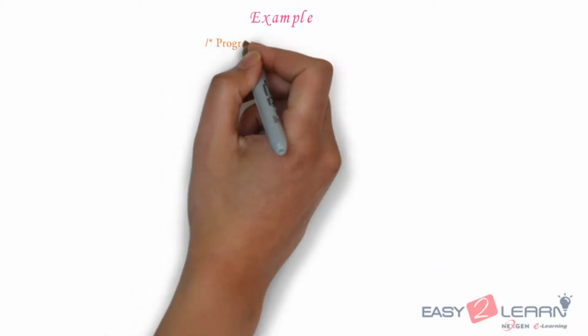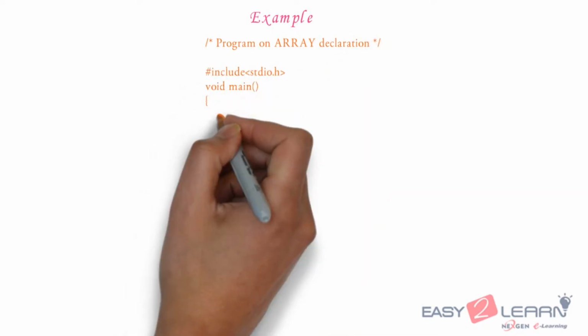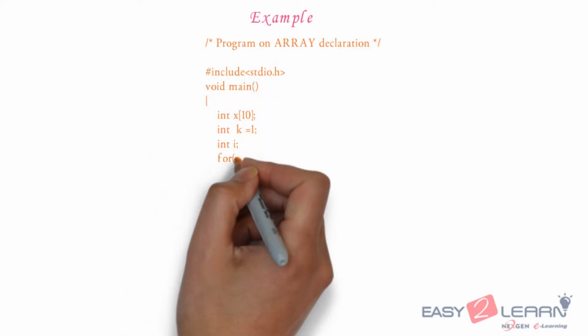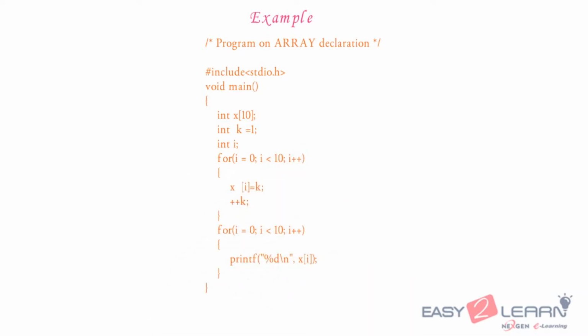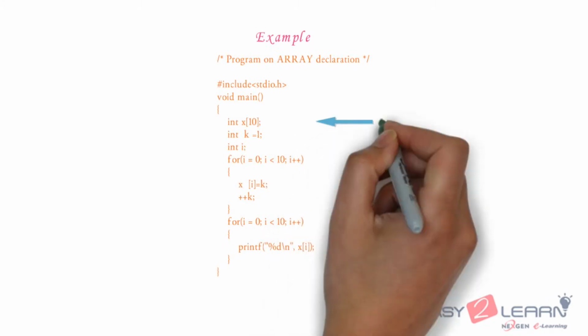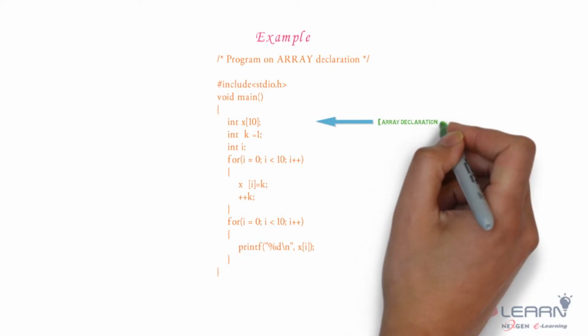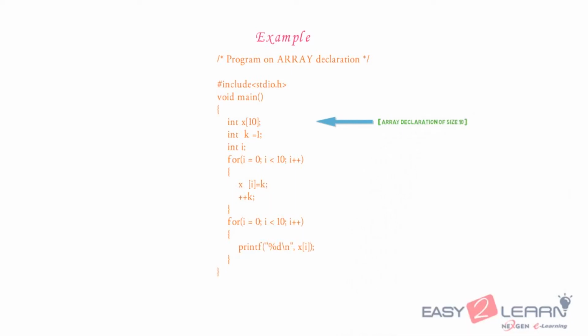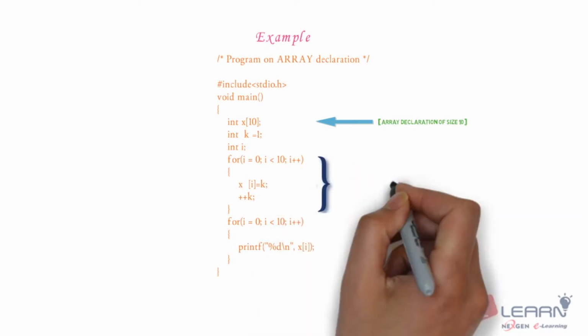Let's discuss an example program. Here, the program is to read 10 elements and to print 10 elements. The array declaration in this program is int x[10]. Int is the data type, x is the name of the array, and 10 is the size of the array.